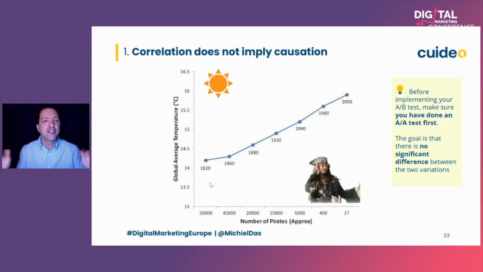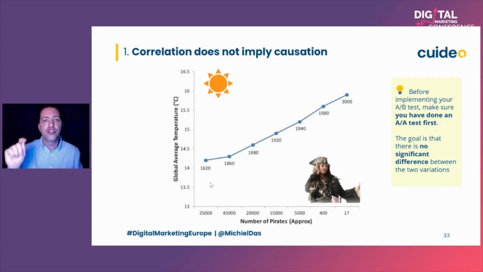Because you don't want any difference between those two. They should correlate exactly at the same level. If that's not the case, you have a big problem, because something on your website is causing more people to convert in the first A version than in the second A version. That shouldn't be happening.